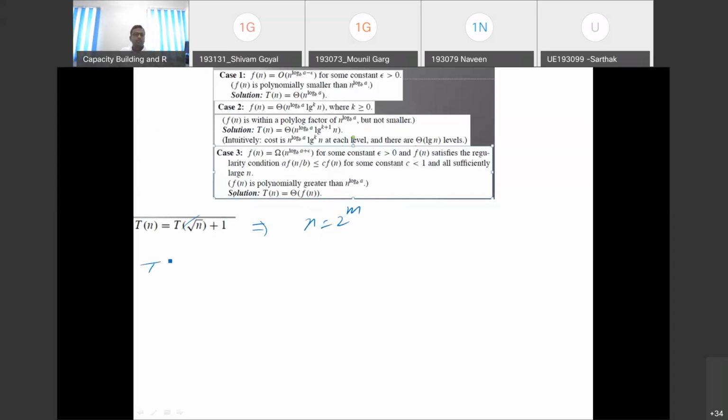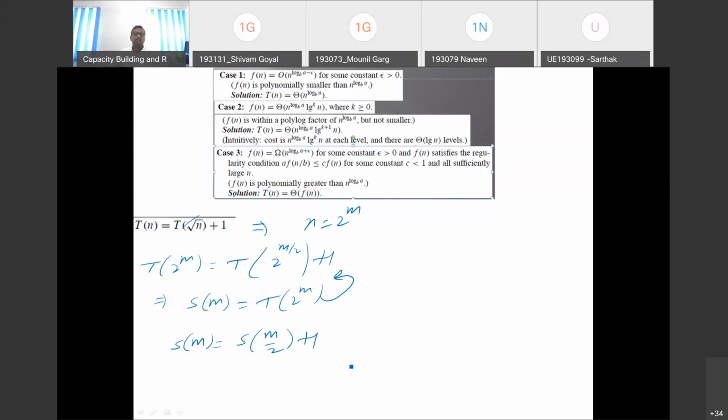Then T of 2 raised to the power m will become T of 2 raised to the power m upon 2, plus 1. Now move one step ahead. Assume that there is a recurrence S of m which is equal to T of 2 raised to the power m. Just replace this in the equation. We say that S of m will be equal to S of m upon 2 plus 1.